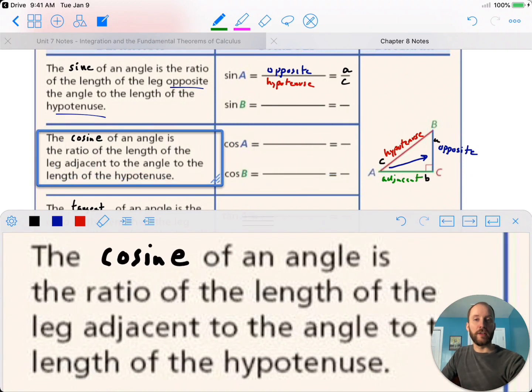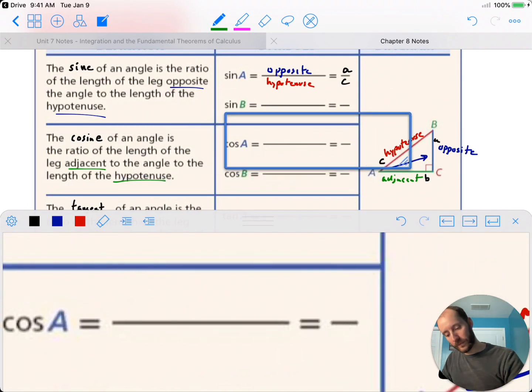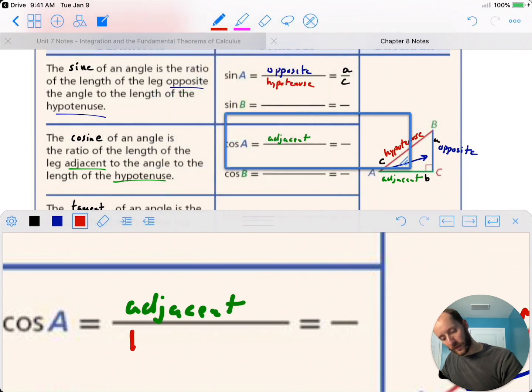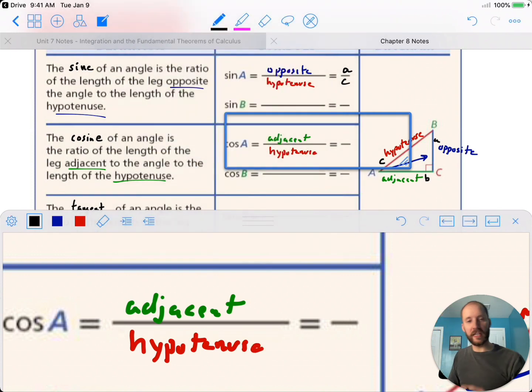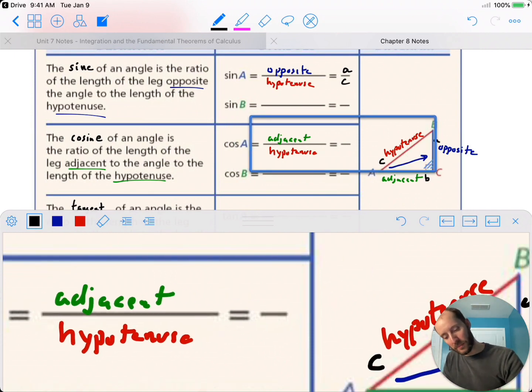Now when you go to find cosine of an angle, cosine is the adjacent over the hypotenuse. When you go to get the little letters for the lengths, adjacent would be b over c.